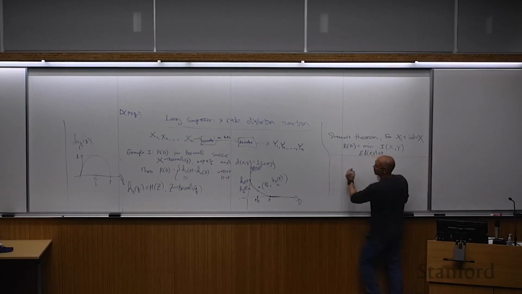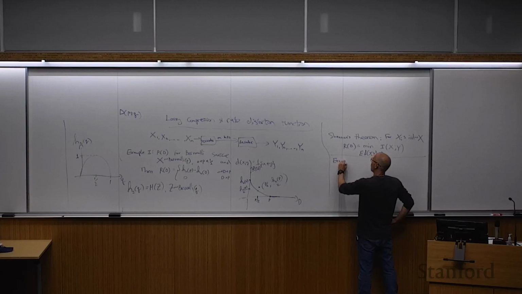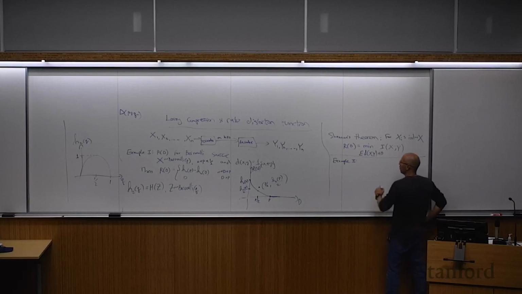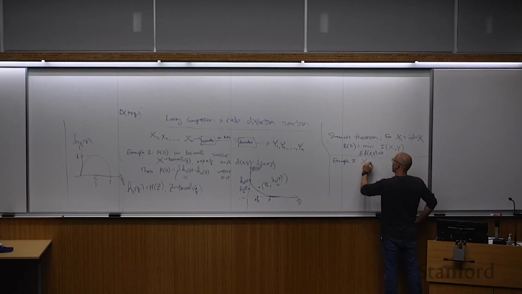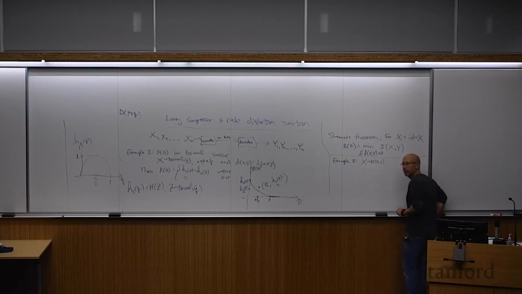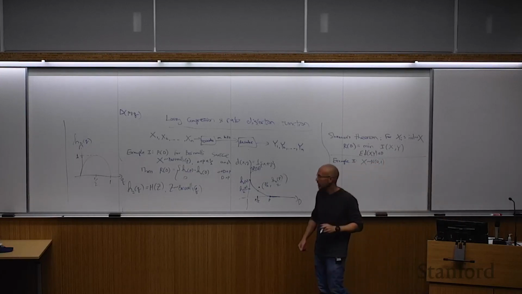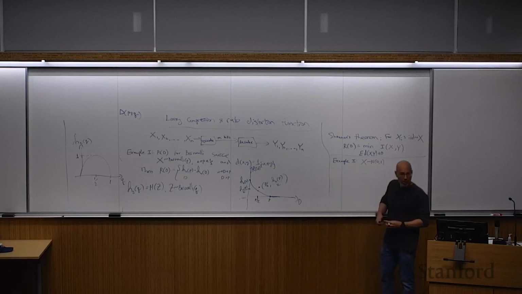Let's look at example 2. So example 2 corresponds to a Gaussian source. So here, X, let's say, is standard Gaussian. Now your source components, X1, X2, are IID standard Gaussian.